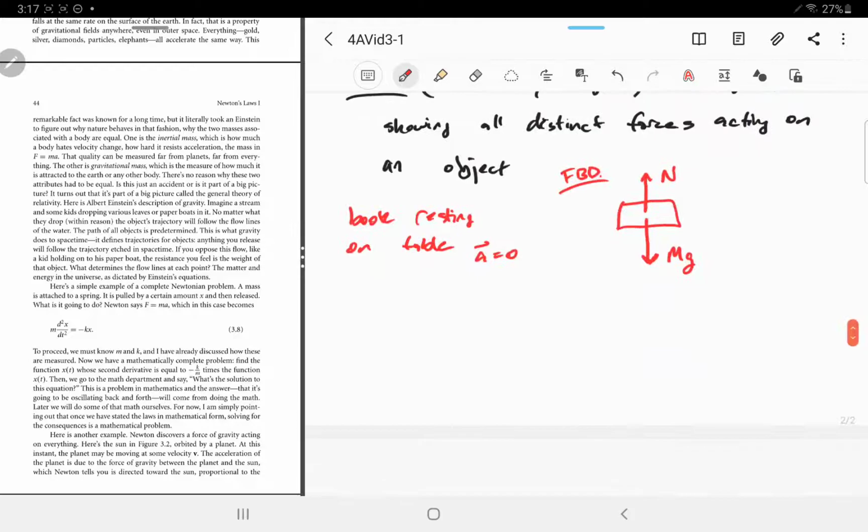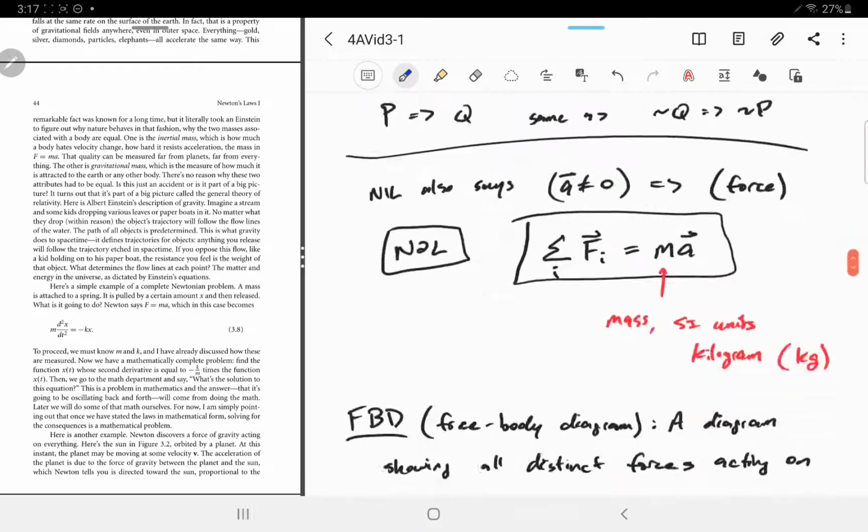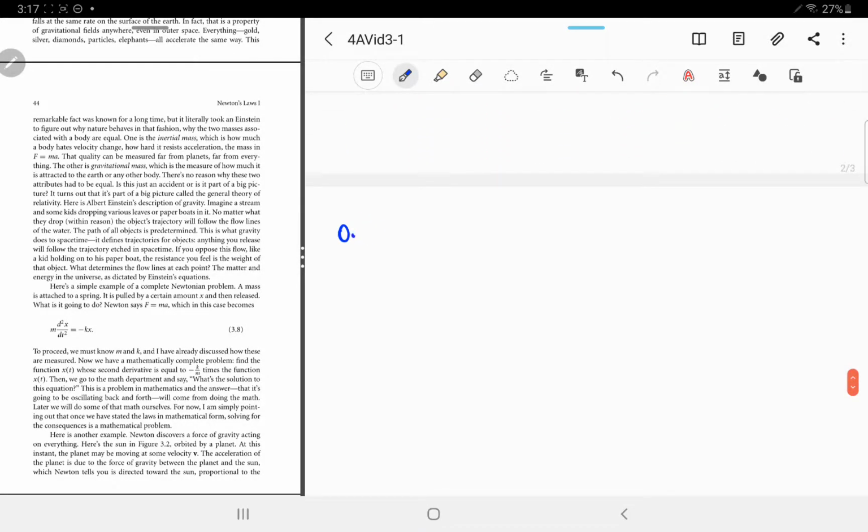Okay, we're in a position now to answer our original question. The box to the left is moving upwards with constant speed, 10 meters per second. So, original problem. The box is moving with constant speed.